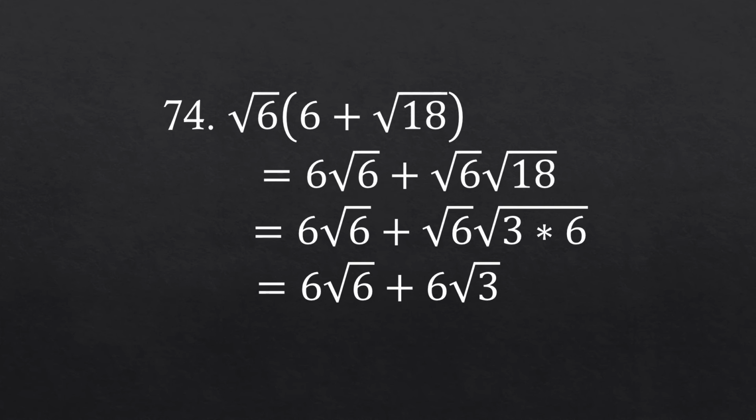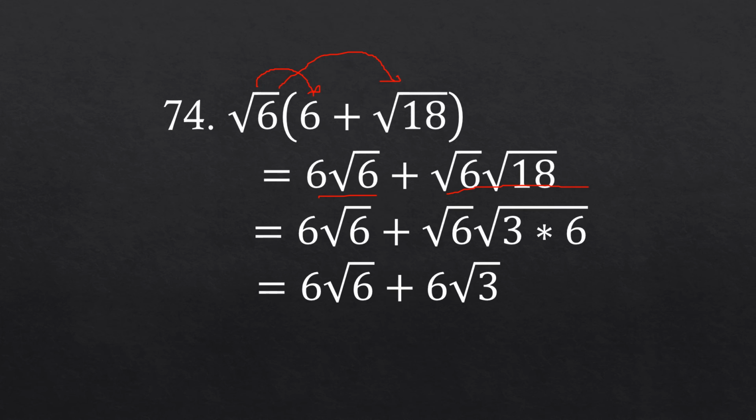74. We have a parenthesis here, so multiply this number by the numbers in the parenthesis. 6 times the square root of 6 times 6 equals 6 square root of 6. Then the square root of 6 times the square root of 18, it will be this one.